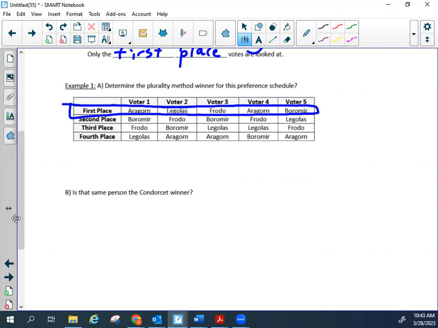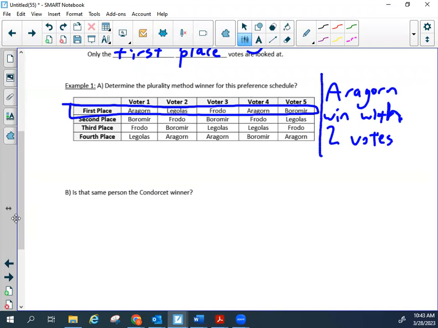And what I see is that Aragorn wins with 2 votes. So that's all plurality voting is. I'm only looking at first place votes. I don't look at anything else.